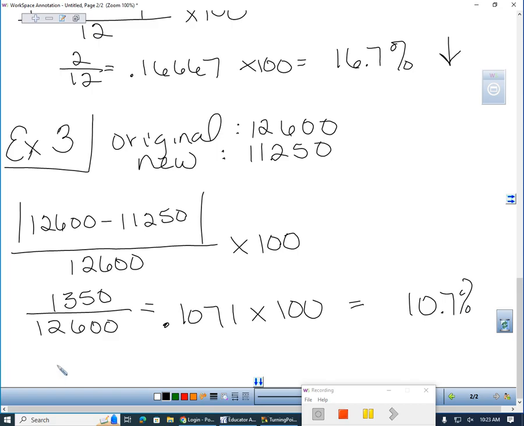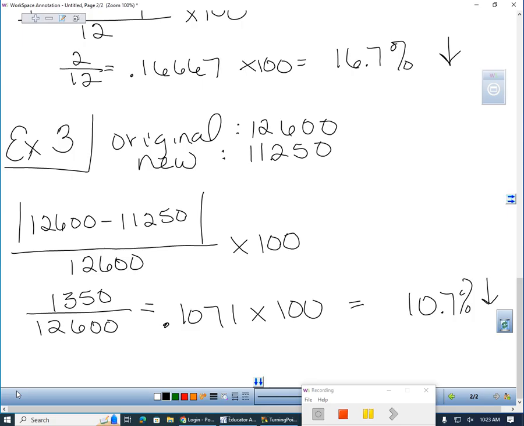Is this an increase or a decrease? Well, I heard a couple different things. Is it an increase or a decrease? There we go. It is a decrease, right? We're going from 12,000 down to 11,000, so it's getting smaller. Any questions so far? Should be super easy, right?